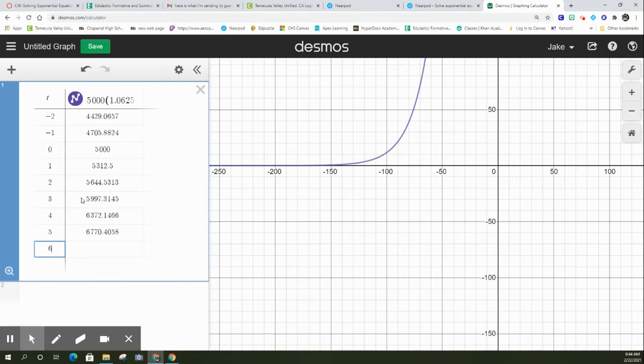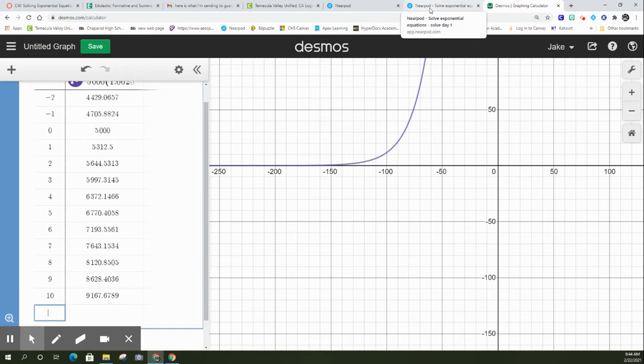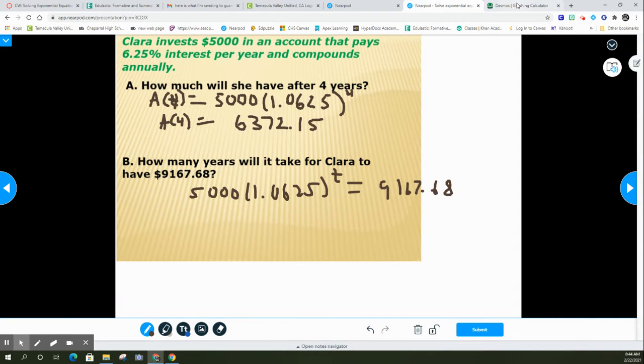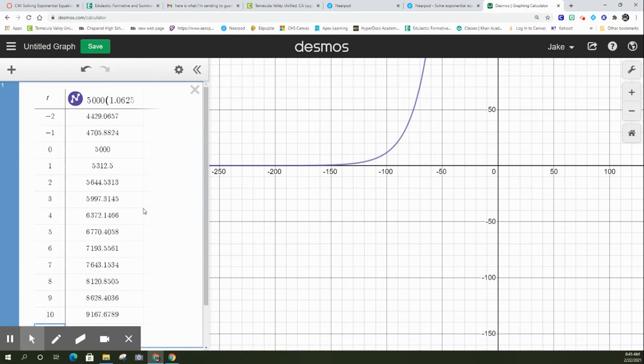So 5, 6, 7, 8, 9, 10. And I believe that's what we were looking for: 9,167.68. So we could use Desmos to create a table of values, and after 10 years it'd be $9,167. Now, is that the only way to solve this?